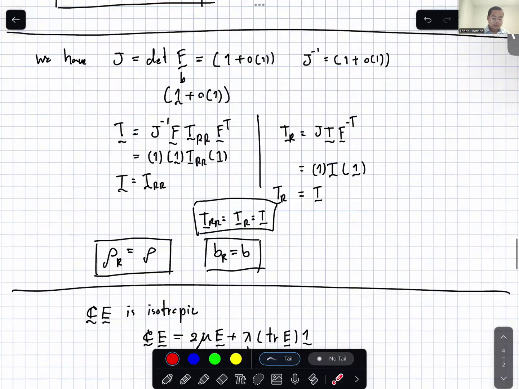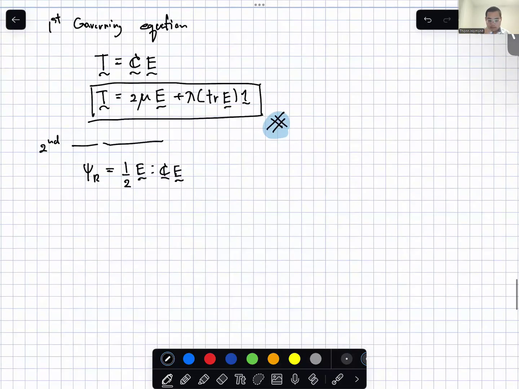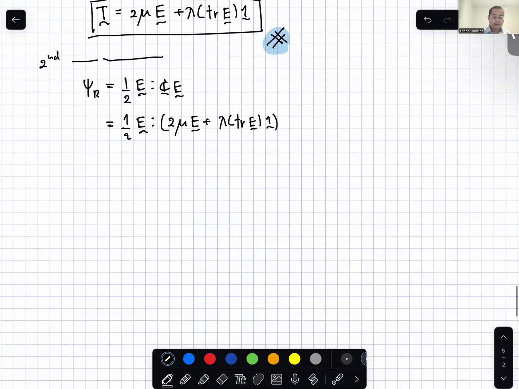So we can write the free energy as 1/2 times E double dot with the elasticity tensor times E. And we can substitute C times E again, such that we have E double dotted with 2 mu E plus lambda times the trace of E and the identity matrix, just like that.